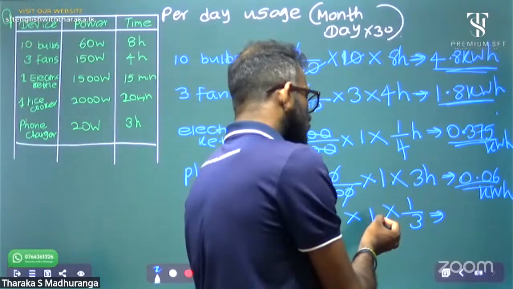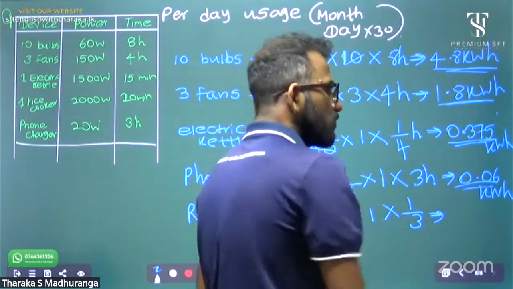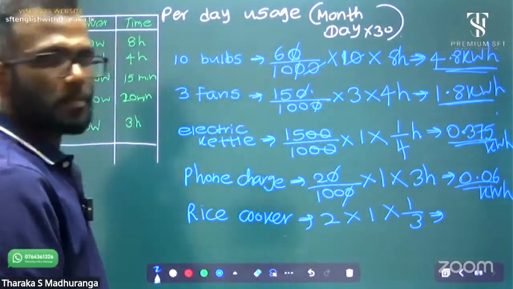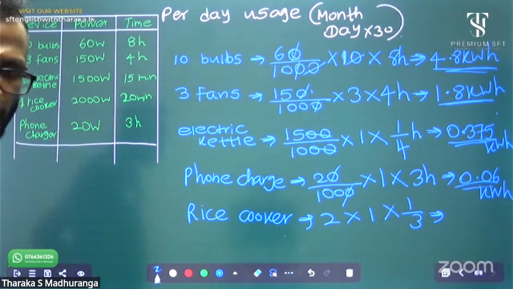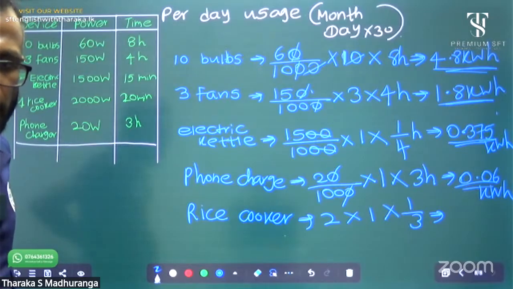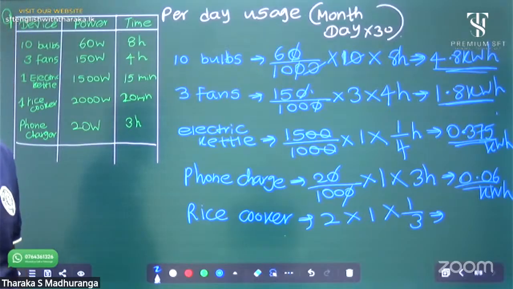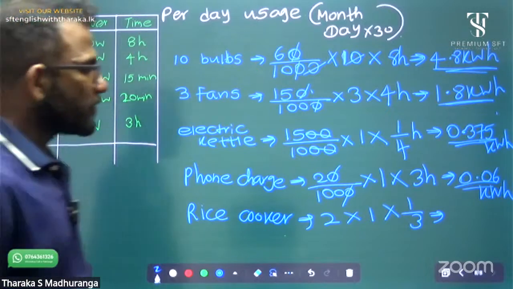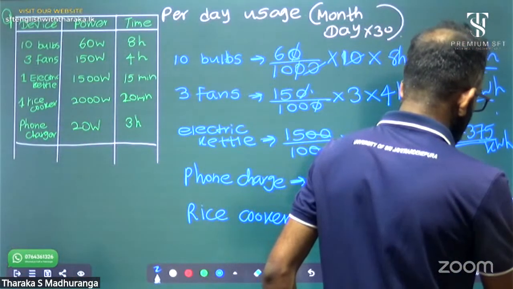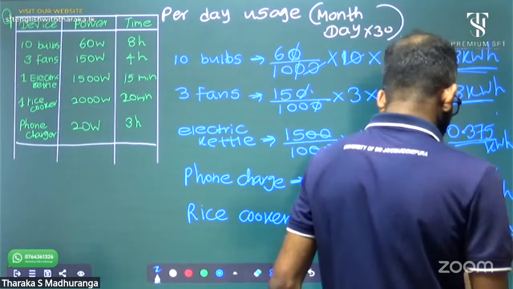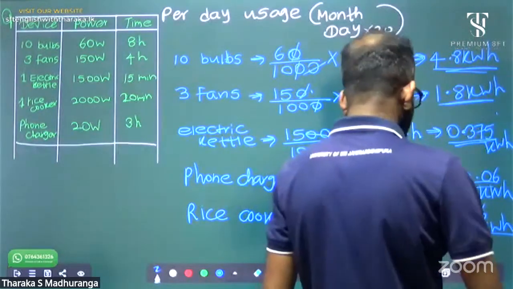Then 2 into 1 into 1, 2 over 3. 2 over 3 mean? 0.66 kilowatt hours. Okay, now you can get the summation of the day consumption.